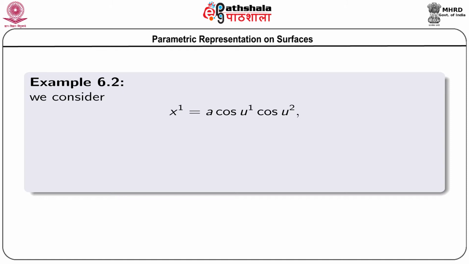We consider another example: x1 equal to a cos u1 cos u2, x2 equal to b cos u1 sin u2, x3 equal to c sin u1. So, all the x1, x2, x3 are functions of u1 and u2, but x3 is only a function of u1.